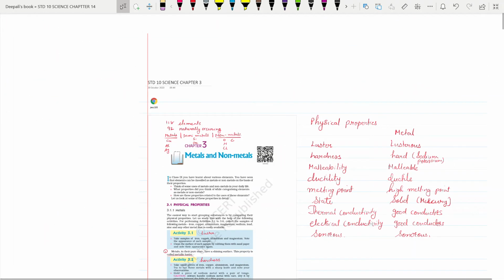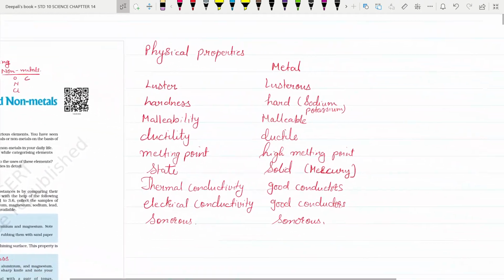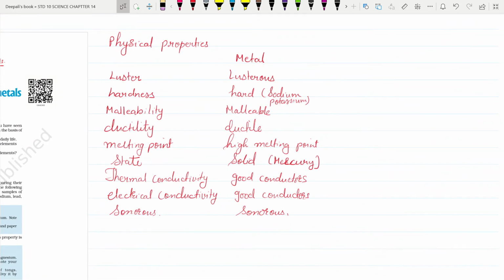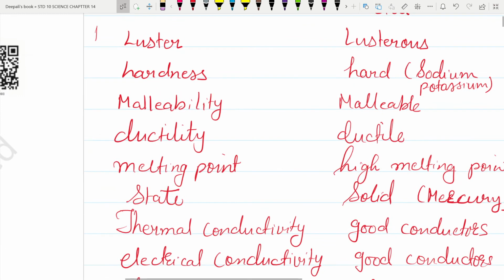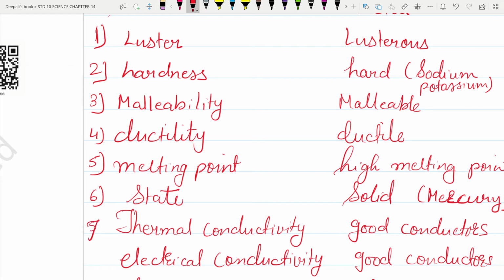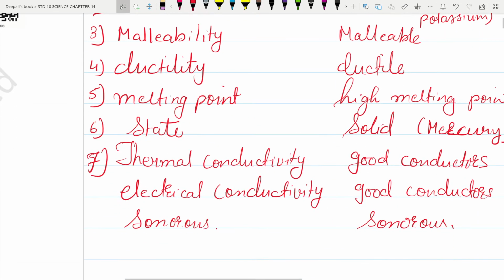Let us take these characters as the properties: luster, hardness, malleability, ductility, melting point, boiling point, thermal conductivity, electrical conductivity and sonority.